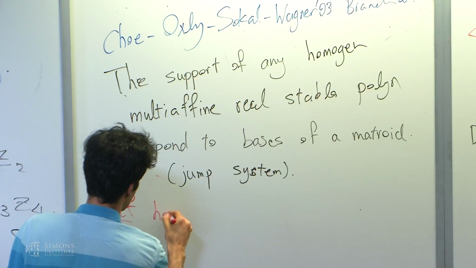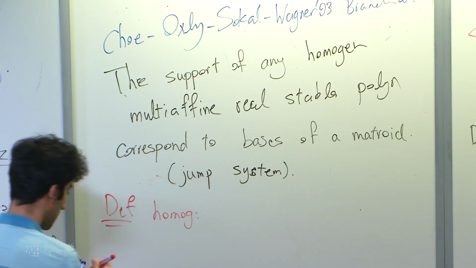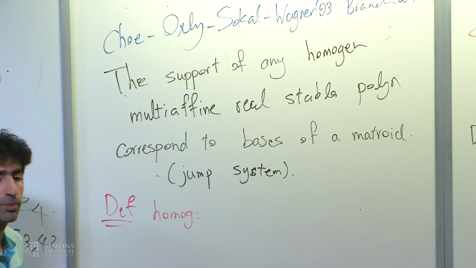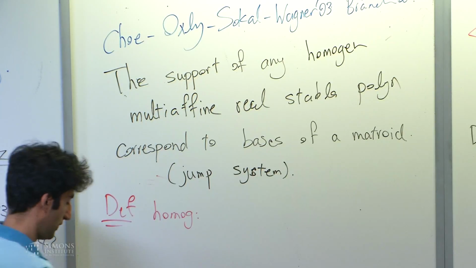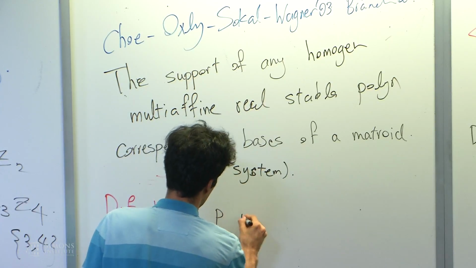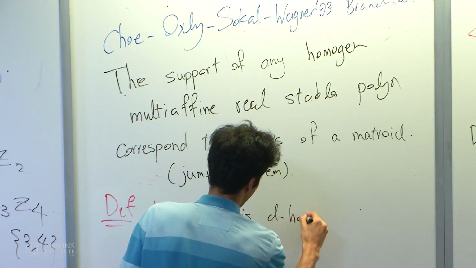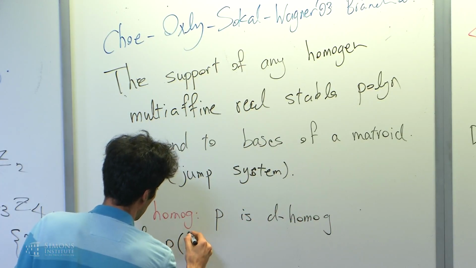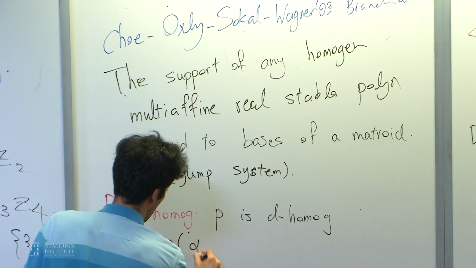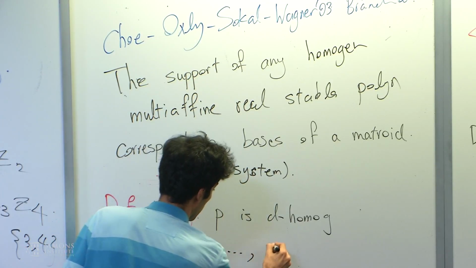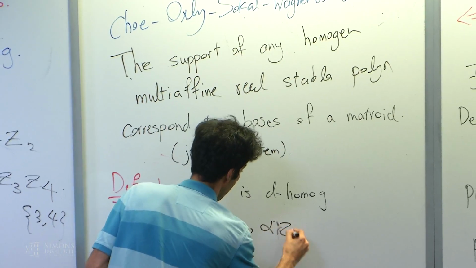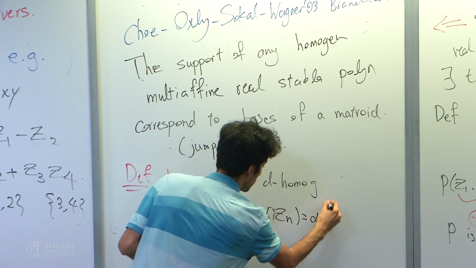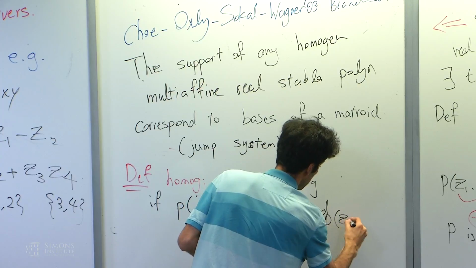So homogeneous, if you haven't seen: a polynomial P is homogeneous if every monomial of P has the same degree. So we say P is D-homogeneous if P(αZ1, ..., αZn) equals α^D P(Z1, ..., Zn).